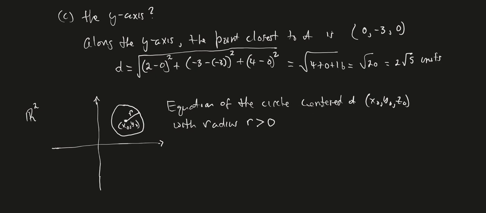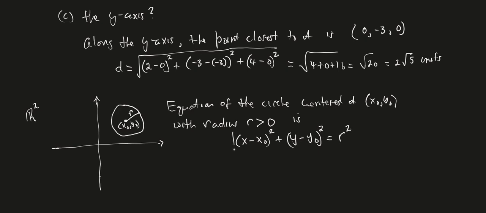But the equation of the circle centered at, we're not in R3 yet, this is just R2, so centered at that ordered pair with that radius is, and you might remember this equation, it's x minus x0 squared plus y minus y0 squared is equal to, and then your r squared, right?